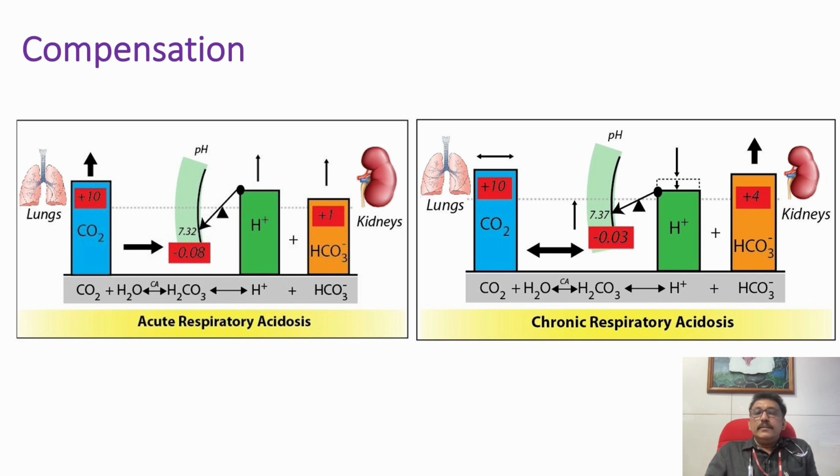If you remember it like this, it will be very useful. For every 10, +1 for acute respiratory acidosis and +4 for chronic respiratory acidosis, that is a correction formula.